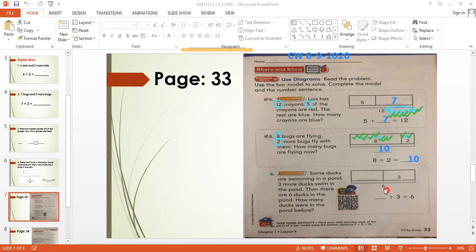So you have to find how many were before. So let's see. Now what is given here? The sum. Look, the sum is given. So when the sum is given, what do you do? You draw here how many? 1, 2, 3, 4, 5, 6.